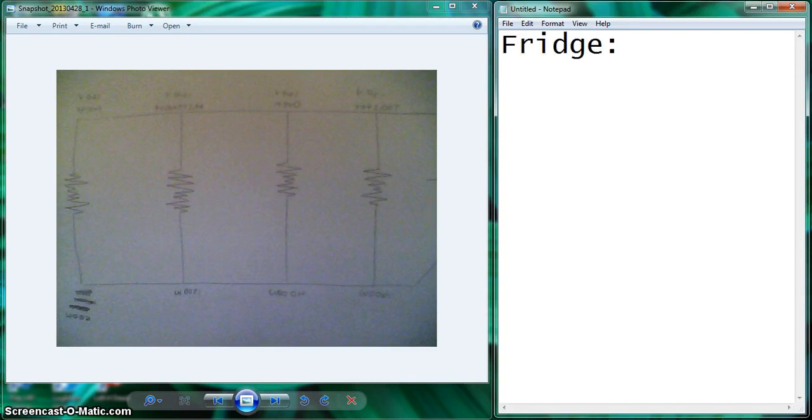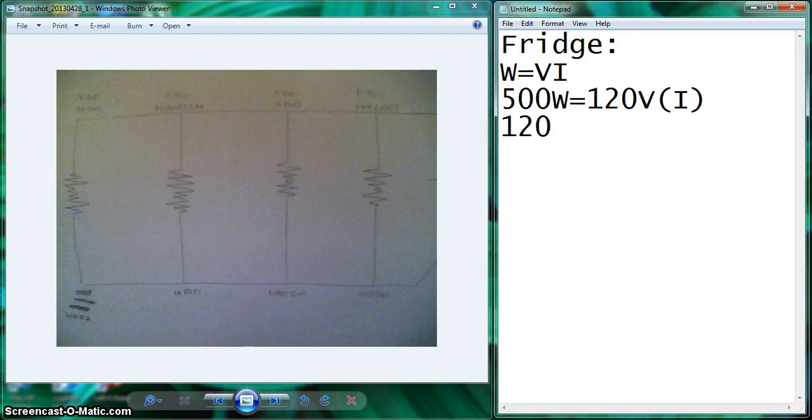So we're going to use the equation W equals VI. Since the fridge is 500 watts, we're going to say 500 watts equals 120 volts times I. Now, if you have a calculator with you, all you have to do is 500 divided by 120, which equals about 4.2 amps.